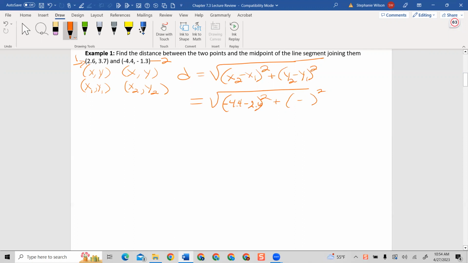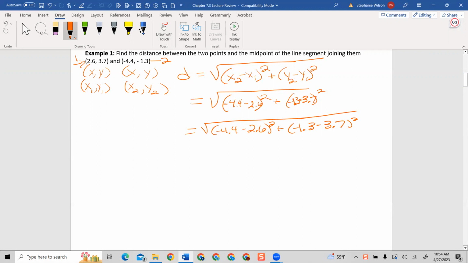My y from ordered pair 2 is a negative 1.3. My y from ordered pair 1 is a 3.7. I am going to clean it up just because it looks like a mess. Negative 4.4 minus 2.6 squared plus negative 1.3 minus 3.7 squared.